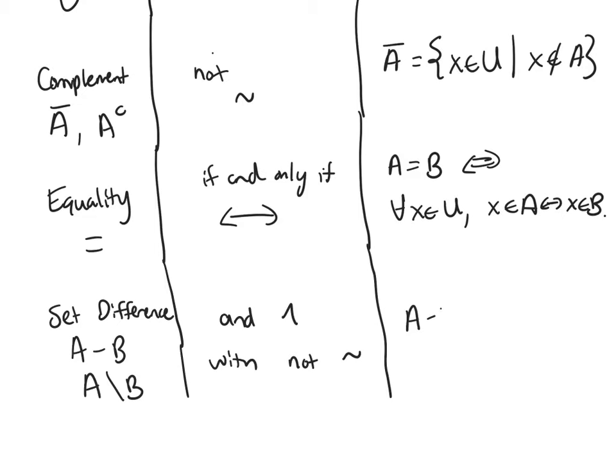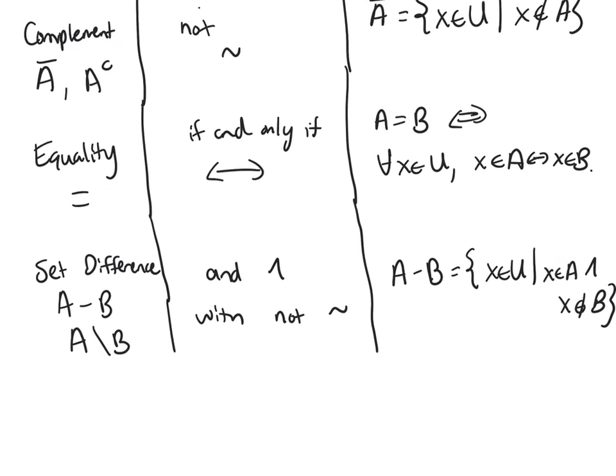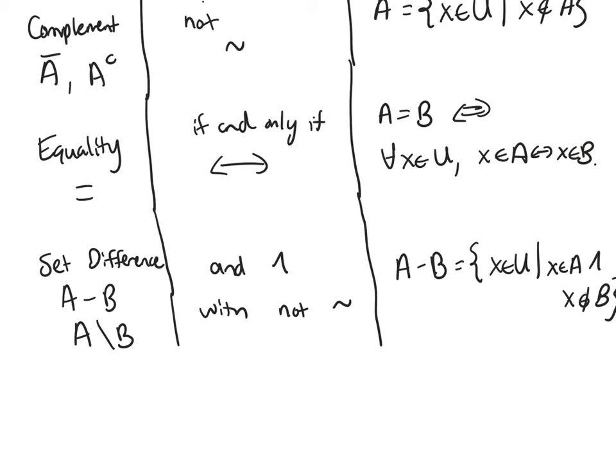So if I write A minus B down, the definition of that set is all the elements in U where x is in A and x is not in B. So those are the connections between our set operations or our set relations and logical operators.